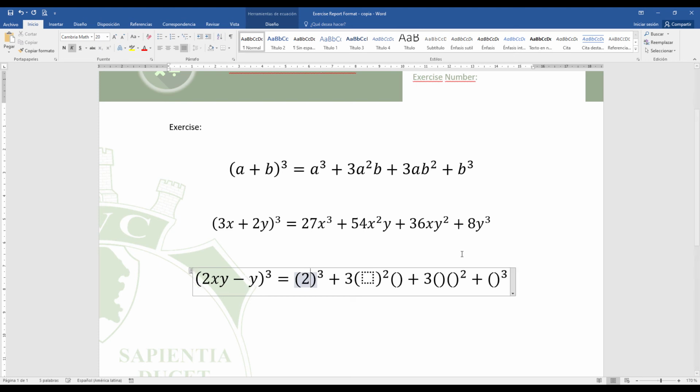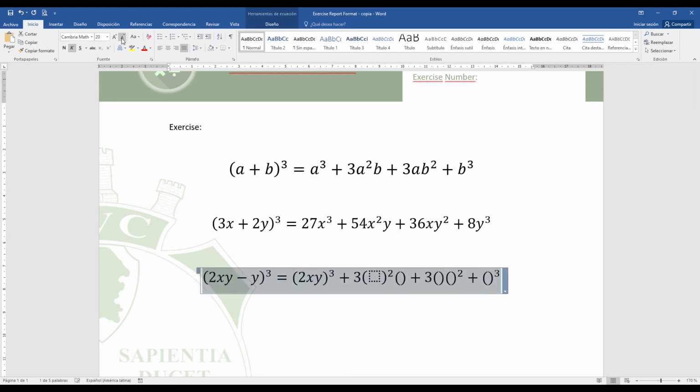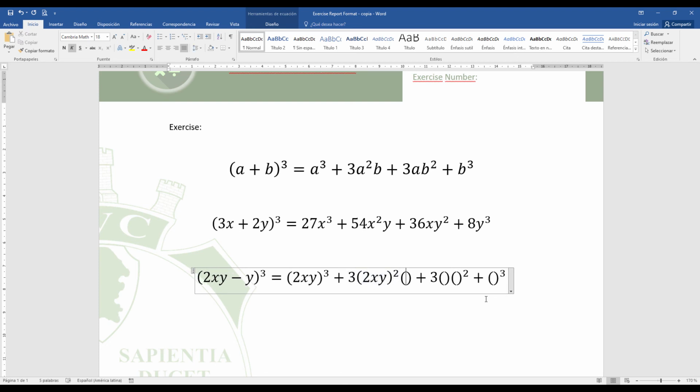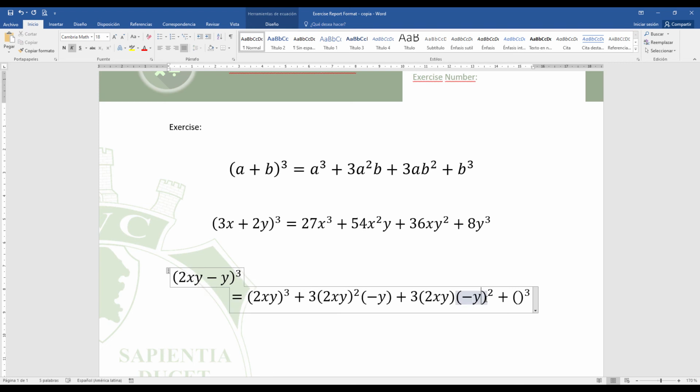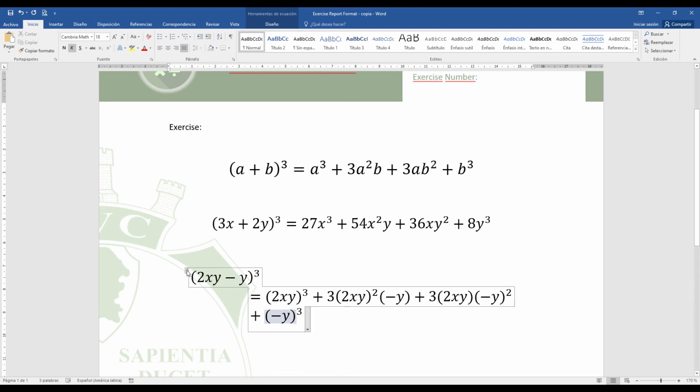Again, you need to use 2xy. Let me reduce a little here because we need it. This is 2xy, and this is minus y.